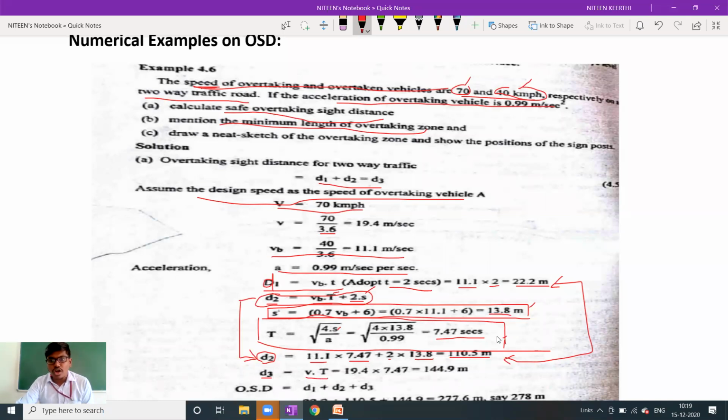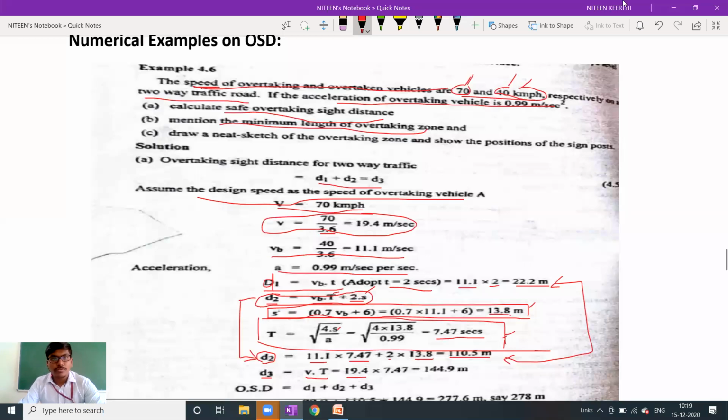T we already got, 7.47 seconds, and v we know is 19.4 meter per second. Remember, we need to take this v, not VB. Don't get confused, VB and v are different. As already mentioned, there is an overtaking vehicle and an overtaken vehicle.